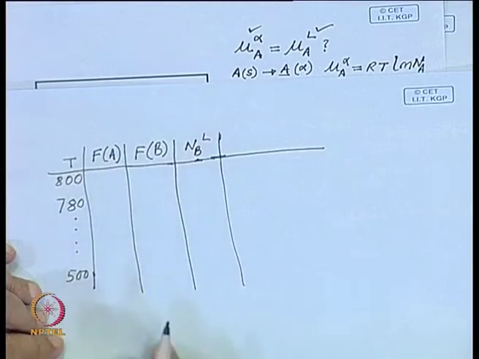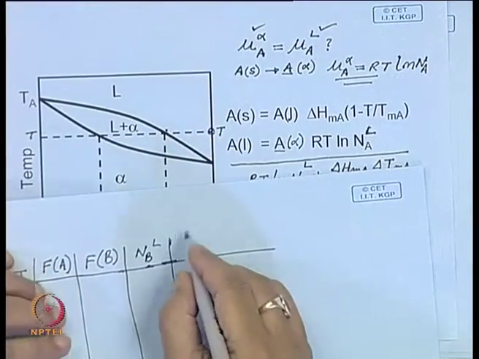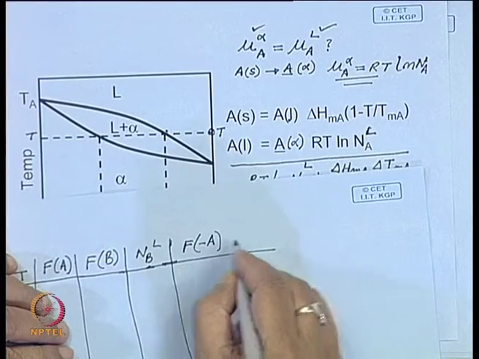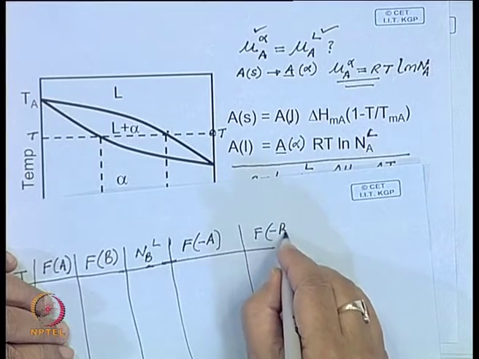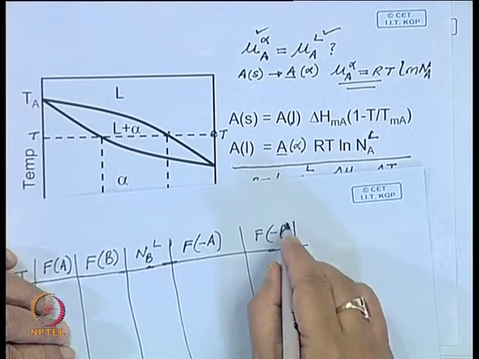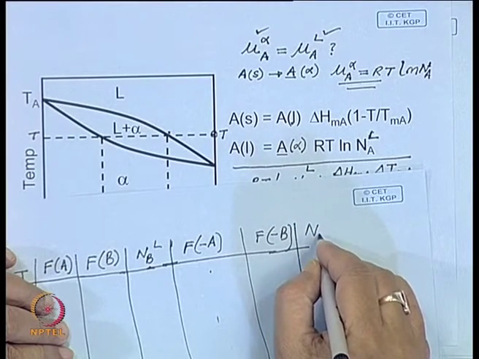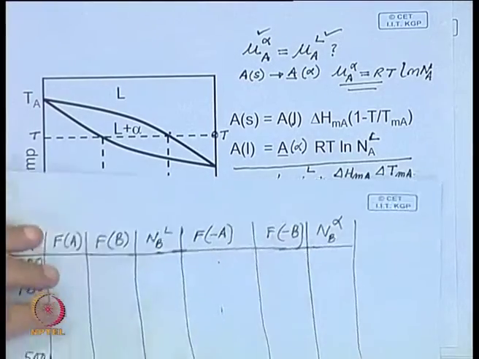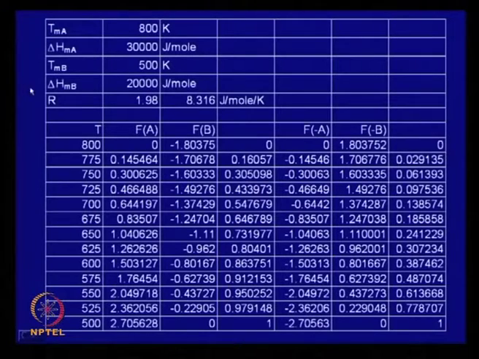And you will see that the same entire thing, if you just invert it, take a reciprocal. So, maybe if you calculate A minus A or something, and then you can get N B alpha, and this is what is shown here in the spreadsheet.